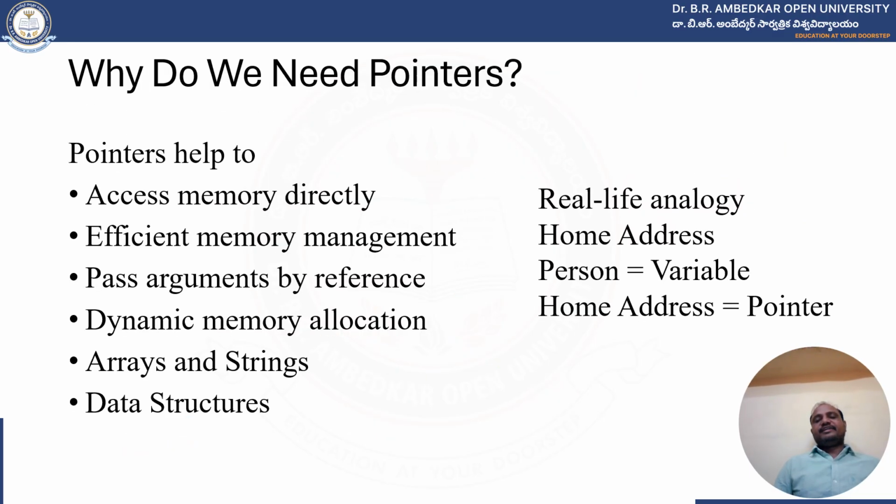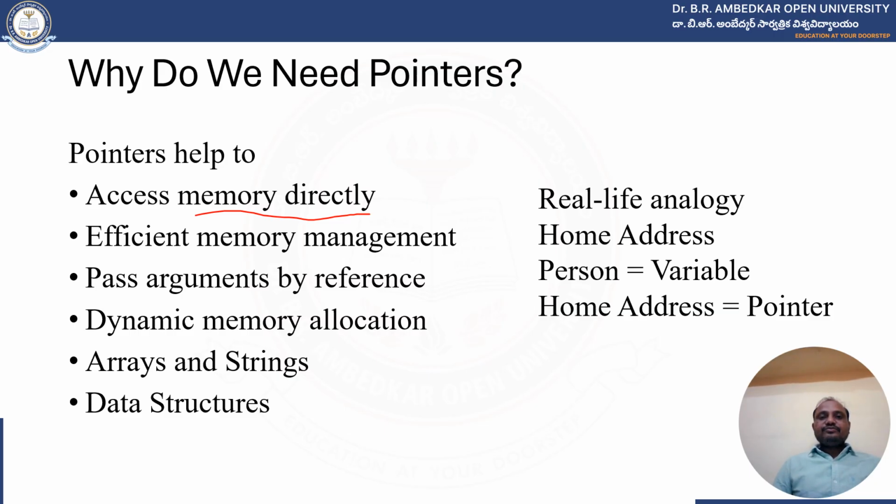Why do we need pointers here? Pointers help to access the memory directly, for efficient memory management, passing arguments by reference, dynamic memory allocation, arrays and strings, and data structures. If you take one live example, a person is a variable. To easily locate that person, we just have to check his address.